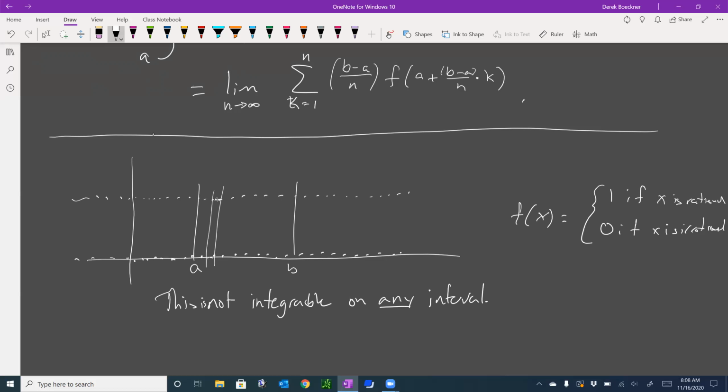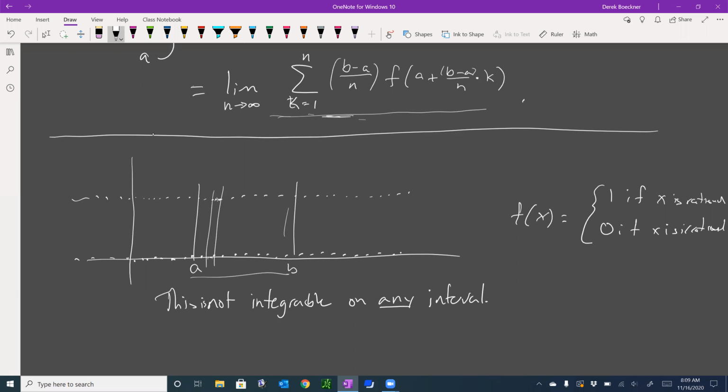So if I take the lower sums for all of those rectangles, my areas are going to start going to 0. But if I take the upper sums, I'm going to get these going to the length of the interval times 1. And because those two things could happen in this limit, the limit doesn't exist, because when limits go to two different things, we say they don't exist.